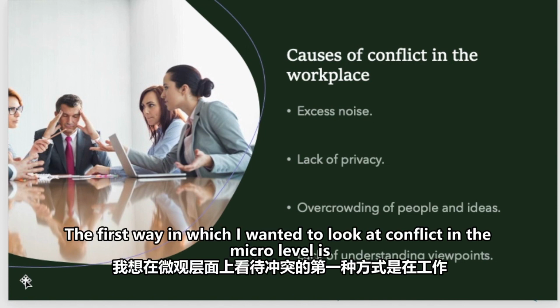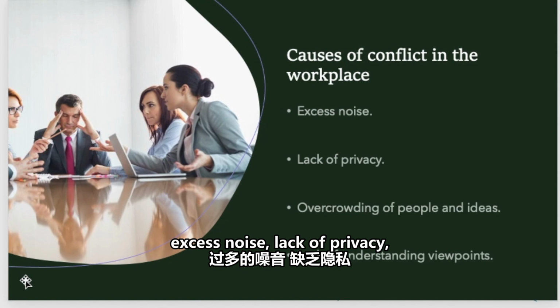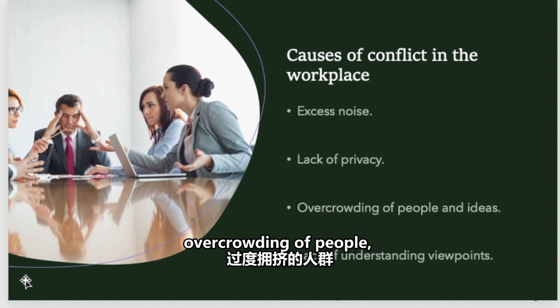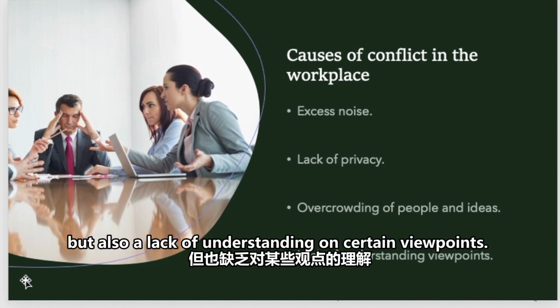So the first way in which I wanted to look at conflict on the micro level was to look at it in the workplace. There's lots of factors that impact conflict in the workplace: excess noise, lack of privacy, overcrowding of people, but also ideas, if you're looking at it in a more ideological way, and a lack of understanding on certain viewpoints.